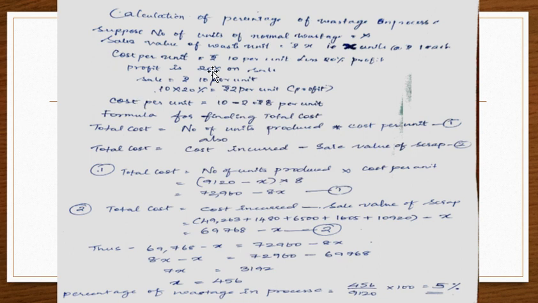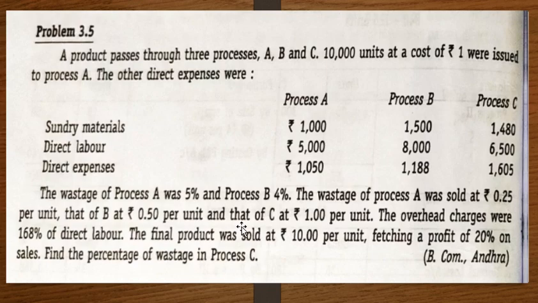Now profit is 20% on sale. The sale is equal to the selling price for process C, which is rupees 10 per unit. As they have clearly stated in the question, the final product was sold at rupees 10, and the profit is 20% on sales.